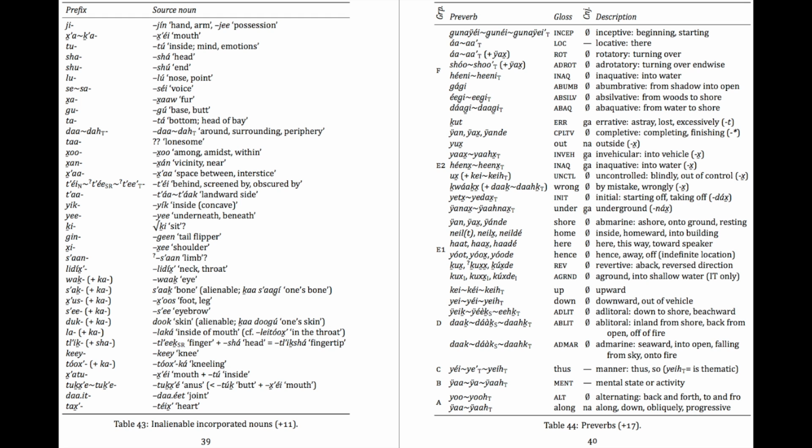Doggy, abaquative, from water to shore. Right. So the actual linguistic term is not important, but what's important is remembering the context. So this one comes from daq, which means to be going from the ocean towards the shore. Daqi.